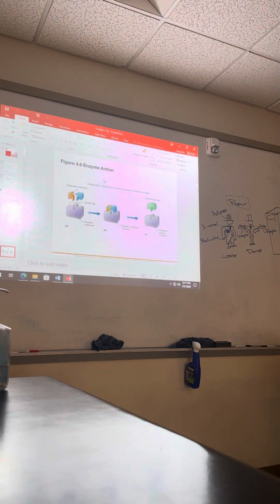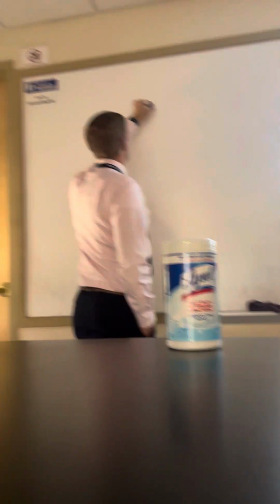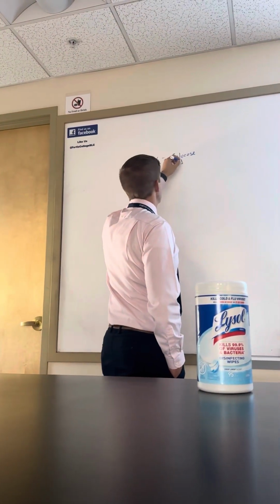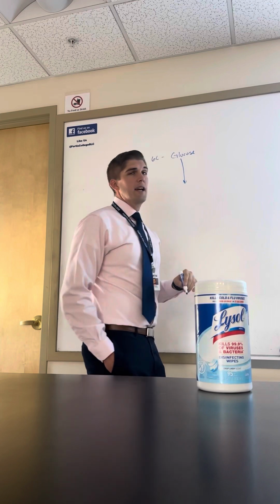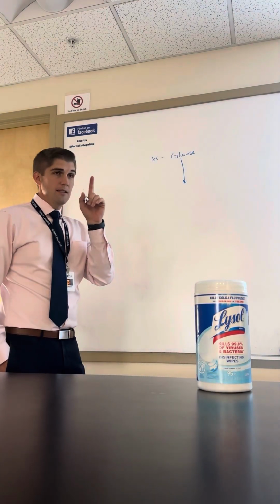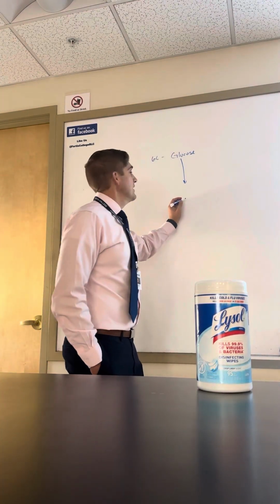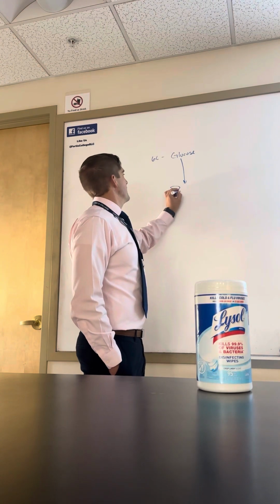Glycolysis, you start out with 6 carbon sugar glucose. And a whole bunch of reactions happen. And the result is 2, 3 carbon pyruvic acid.